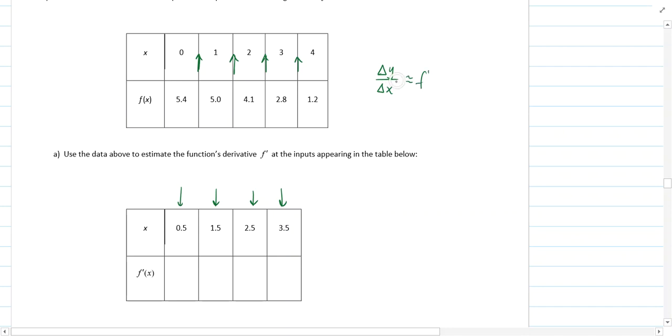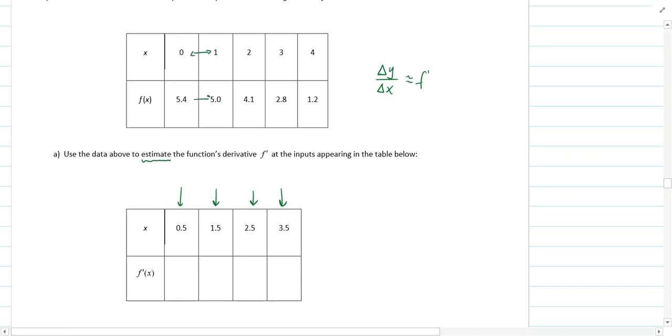And while this may not be the precise description of the derivative, it would be a good way to estimate in this case.